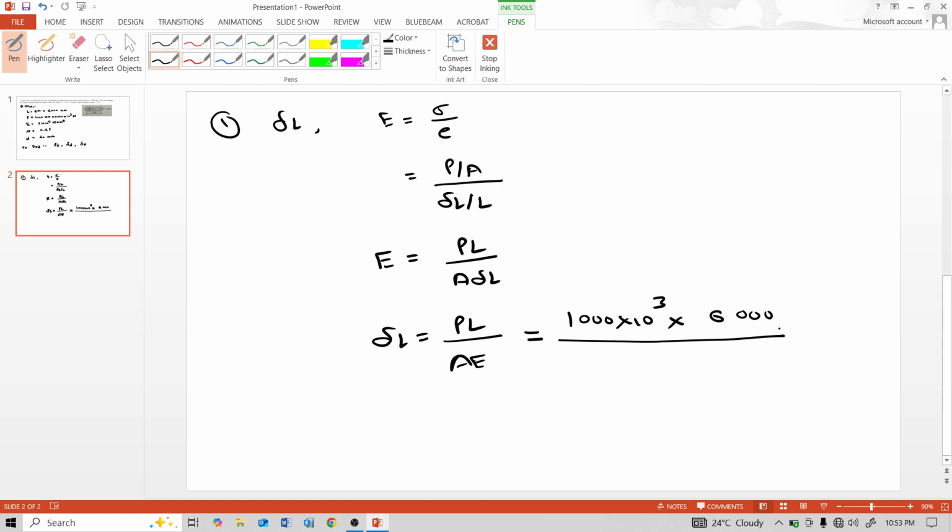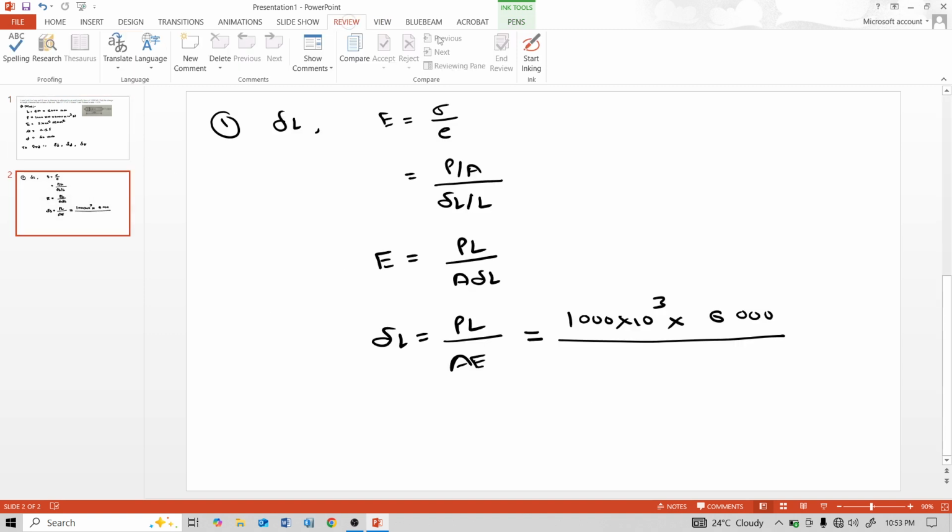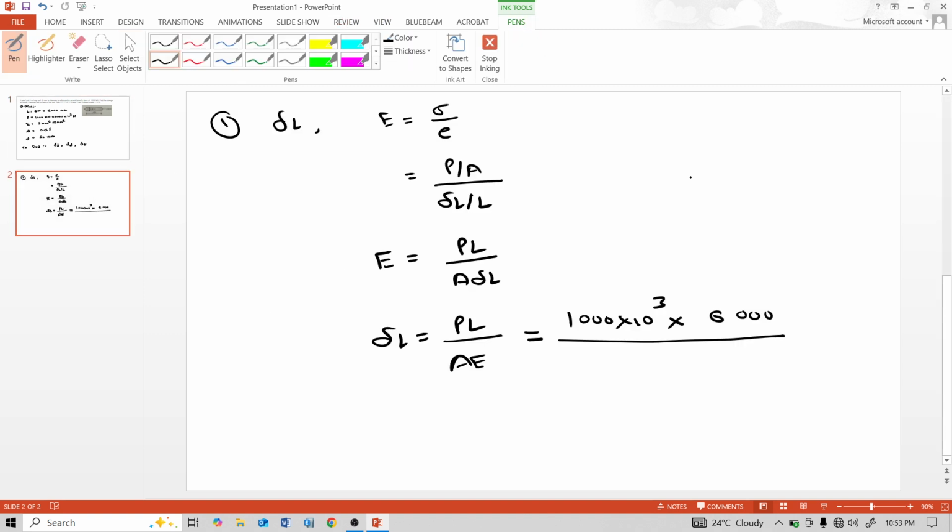Divided by area of that steel rod of diameter D 40 mm, which is pi by 4 into D square, diameter is 40 square.